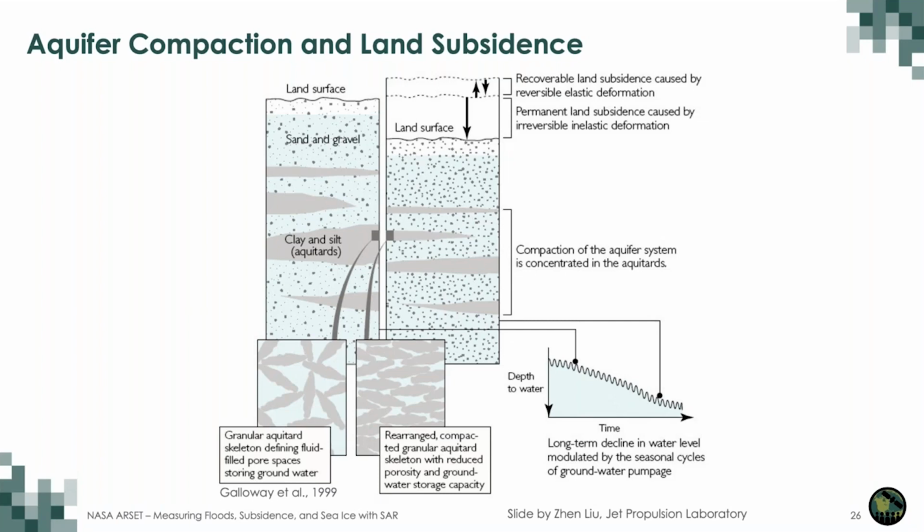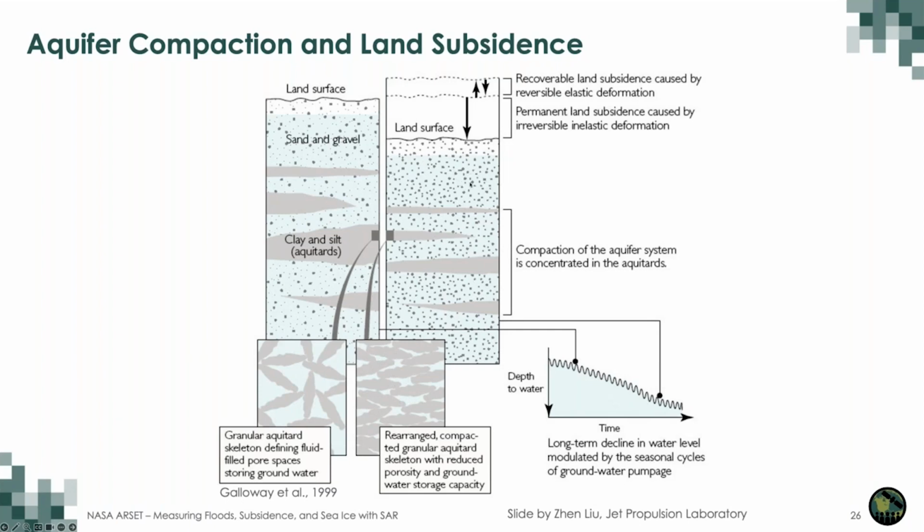So if you take the water out of it, then those particles will rearrange themselves and collapse, and that reduces the volume, which then lowers the land surface. So when these clay layers have the water extracted, it tends to permanently reduce the volume of water that it can store because the particles have been rearranged.